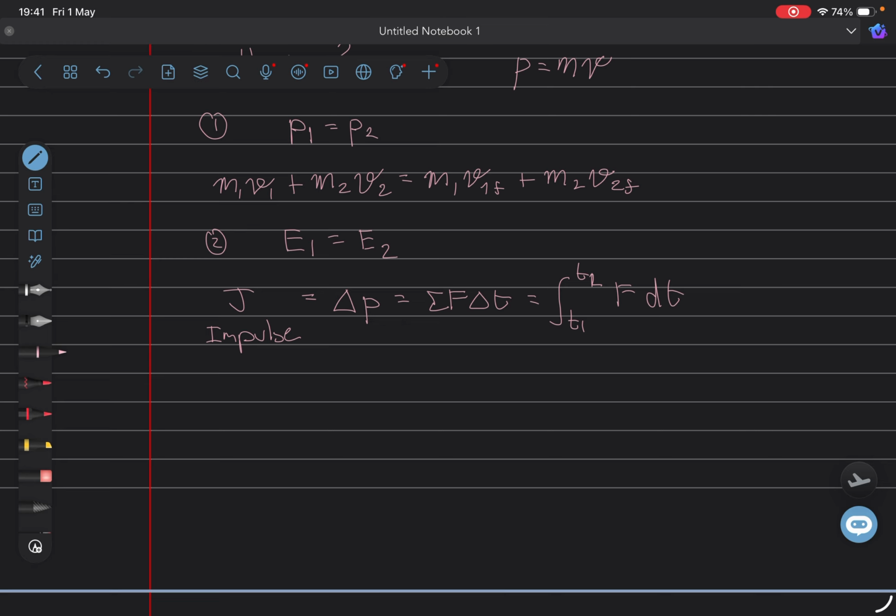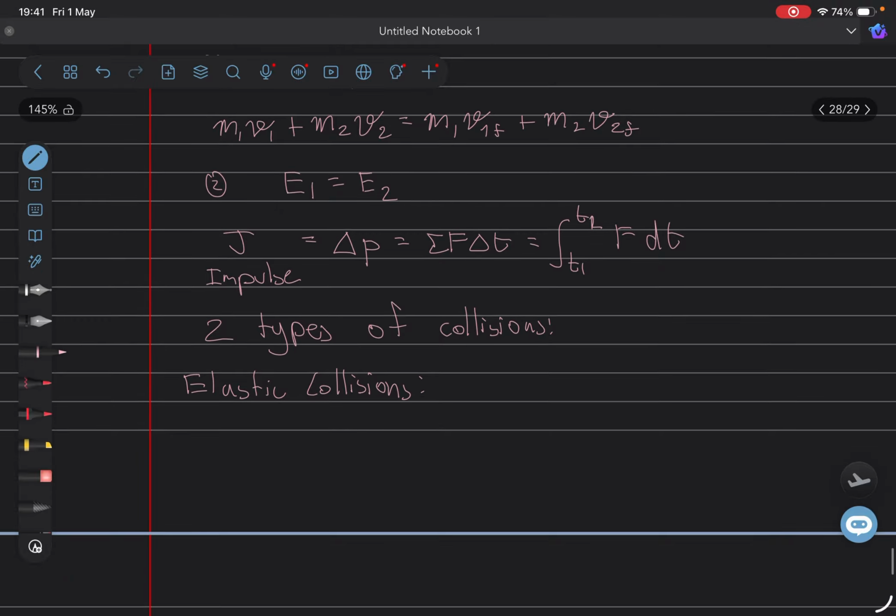There are two types of collisions. The first one is elastic collisions. In elastic collisions, momentum is conserved, as in all collisions in a closed system. But in elastic collisions, the kinetic energy, KE, is also conserved.